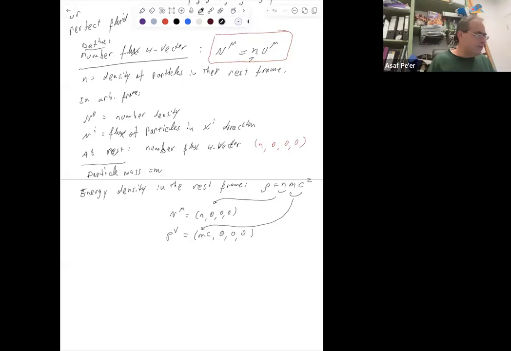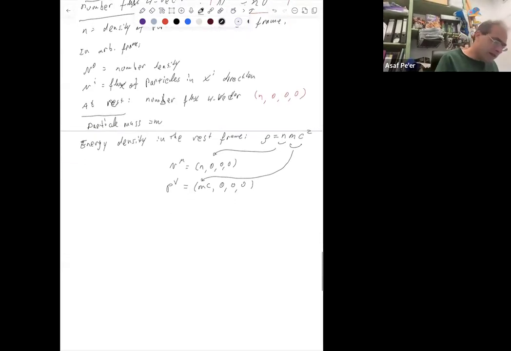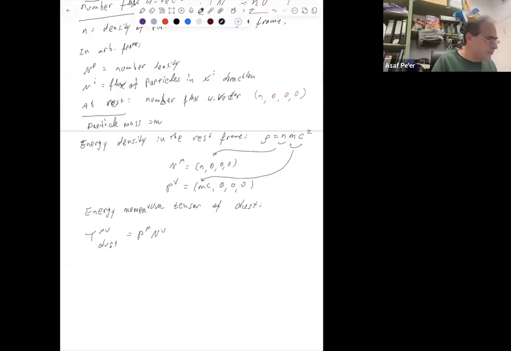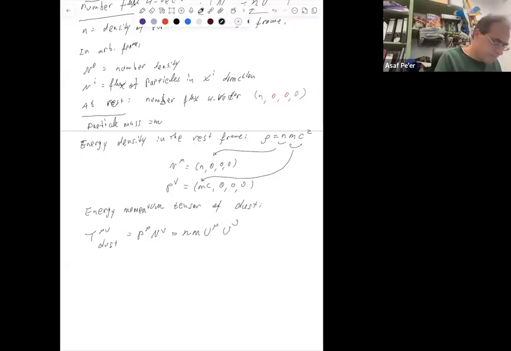This leads us to define the energy-momentum tensor of dust. T mu nu of dust is n m U mu U nu, or rho U mu U nu.